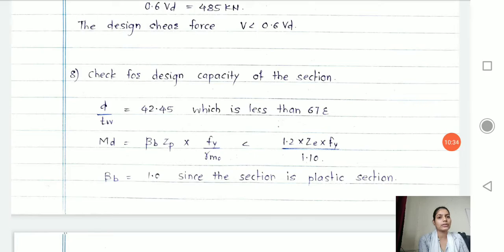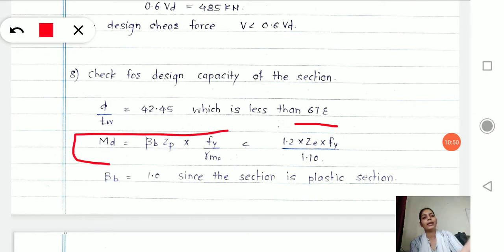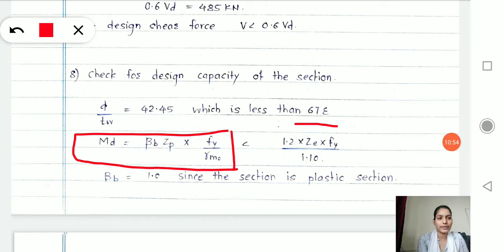If the depth to thickness ratio is less than 67 epsilon as per table number 2 of your IS code, then we can use this formula, which is again mentioned in your IS code. All these clauses I have already discussed with you in the previous video. Go visit that video and try to understand what I am saying over here.